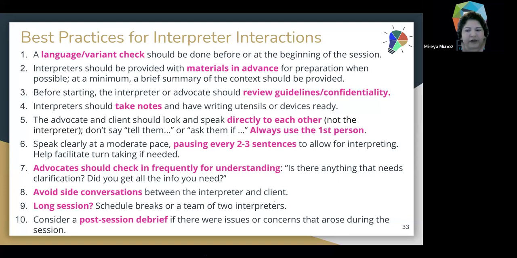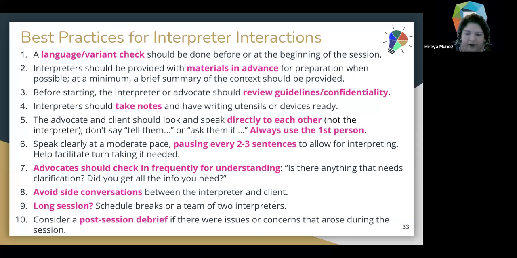Before starting, have a brief discussion with that interpreter, give some guidelines, talk about confidentiality or any other issues that need to be brought up. Definitely allow that interpreter to take notes if they have to. Talk directly to my patient or client, and speak in the first person voice.